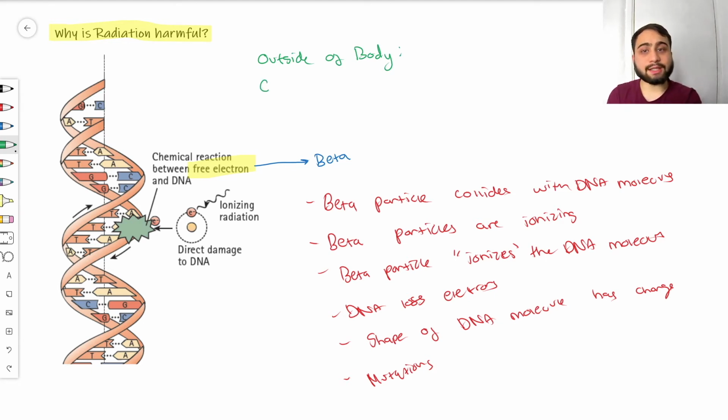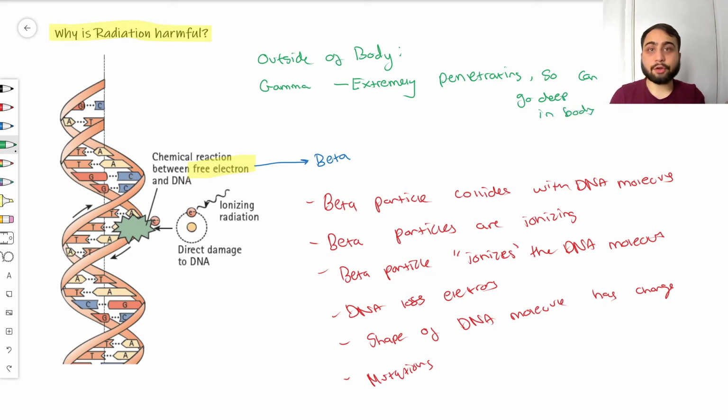Well, that's actually gamma. That's because gamma is extremely penetrating. So it can go deep into your body, and it can cause mutations way beyond just the surface level of your skin.